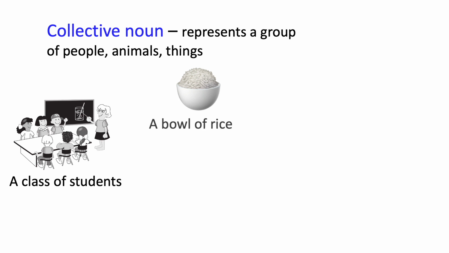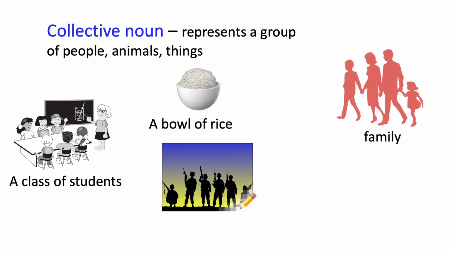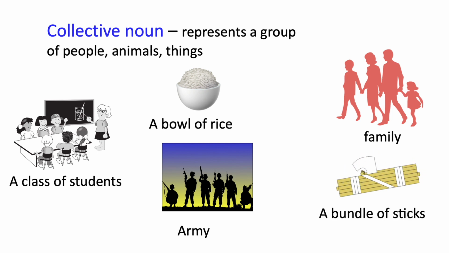Another example: a bowl of rice, a family, an army, a bundle of sticks. So these are all collective nouns because they represent a group, team, crowd, committee, flock, choir, and like that.